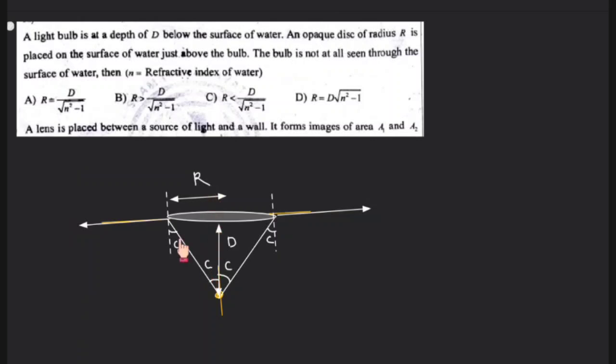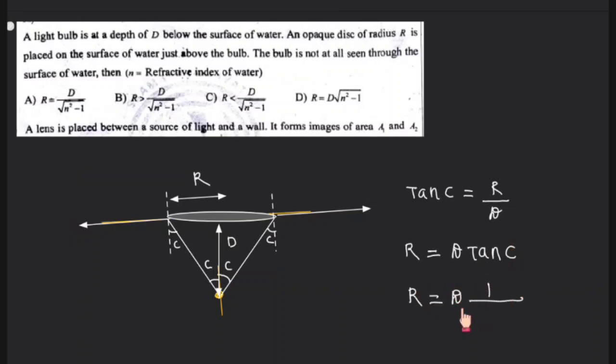From this right angle triangle, tan C is equal to, what is the tan C here? Tan C can be written as R by D. Therefore this radius R should be equal to D into tan C, right? And R is equal to D into 1 by under root of n square minus 1, since tan C is 1 by under root of n square minus 1.